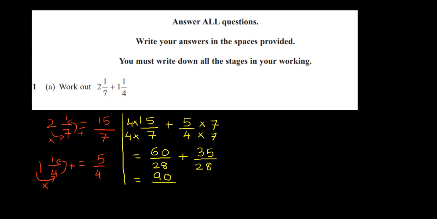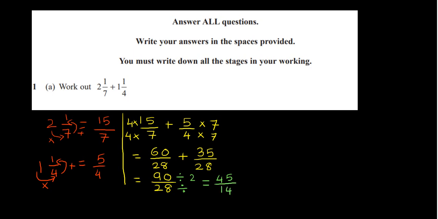Now both 90 and 28 are even numbers. So in order to simplify this fraction, I can divide both of them by 2. That gives me 45 over 14.